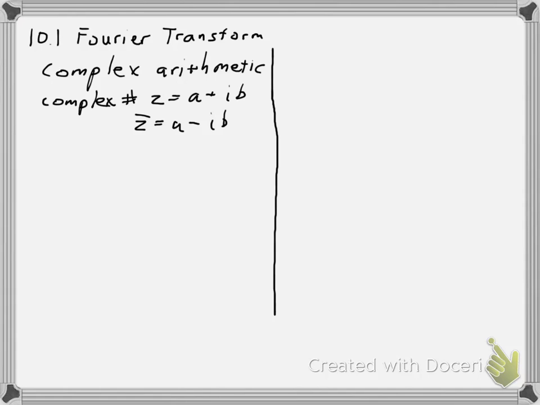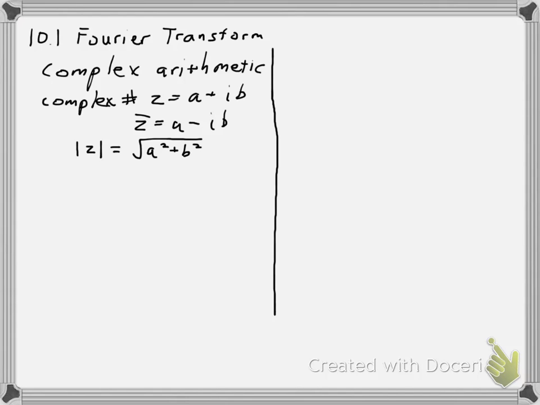And we also have the magnitude of a complex number, denoted absolute value of z, or what's called the modulus of z, which is the square root of a squared plus b squared.